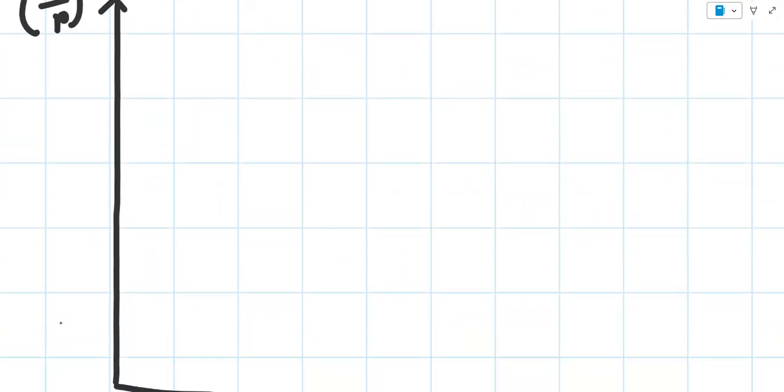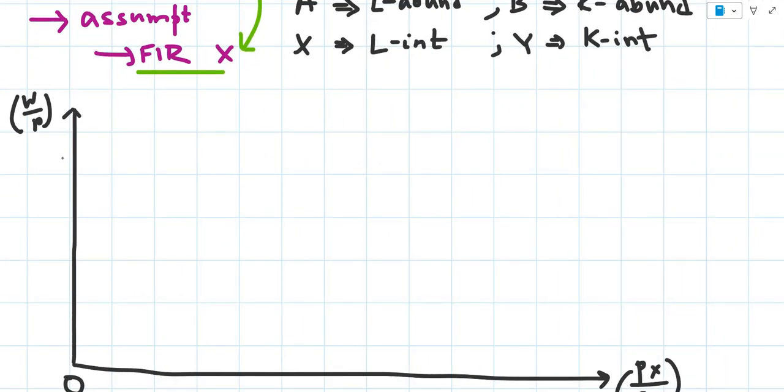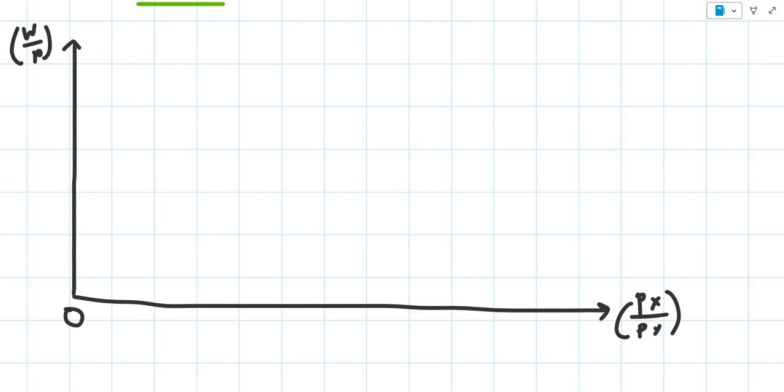So we have a graph here, and we have W by R on the vertical axis, and Px by Py on the horizontal axis. Now let me draw a curve like this, a backward bending curve. This reminds us of the backward bending labor supply curve.